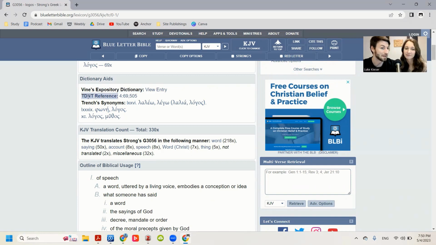It's like one of the best dictionaries for it. Some words you'll get like 10, 20 pages on a single word. It's super, super detailed, but unfortunately it's not free. So it just gives you the reference, but you actually can't read it.